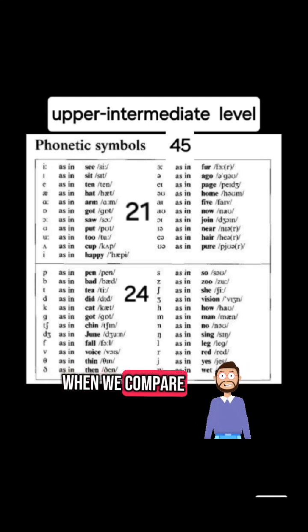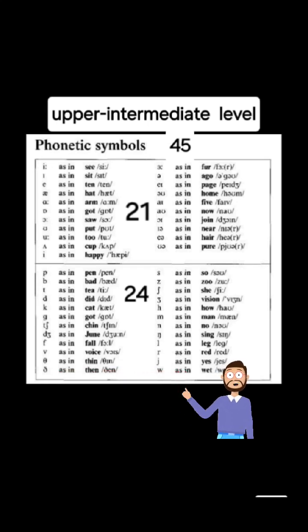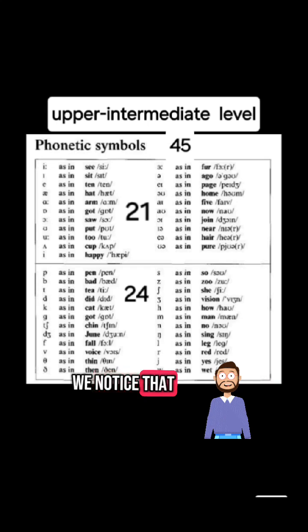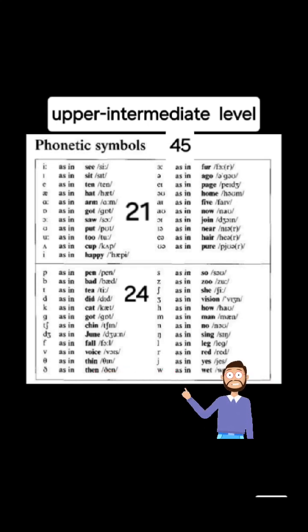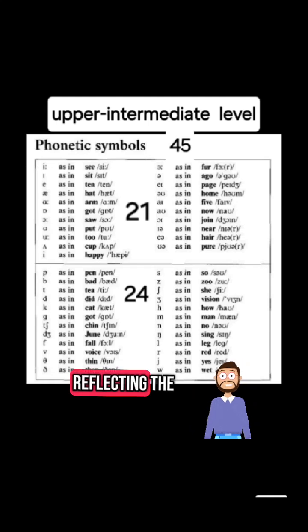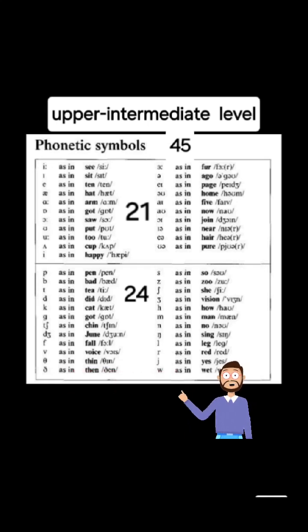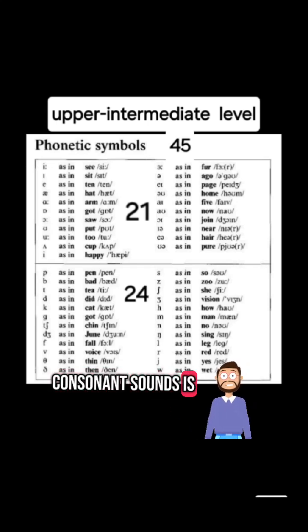When we compare the two charts, we notice that the number of sounds, 24, reflecting the consonant sounds, is the same.